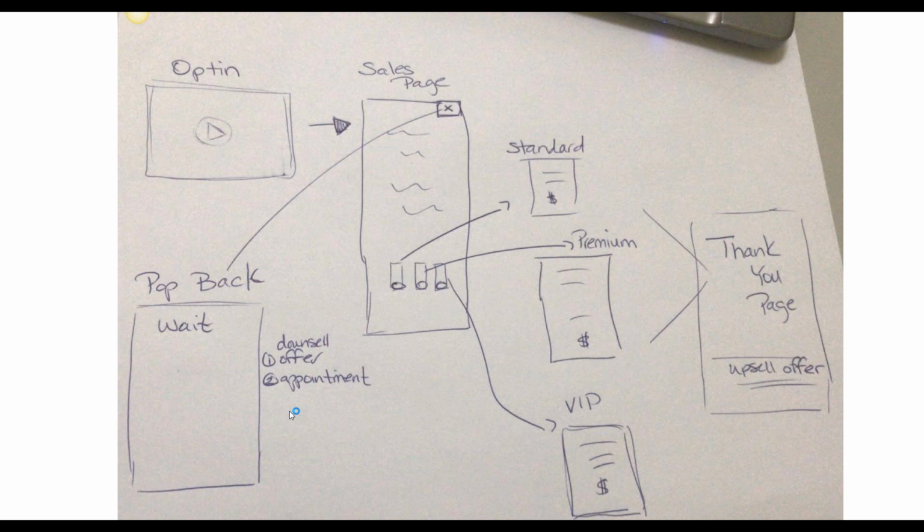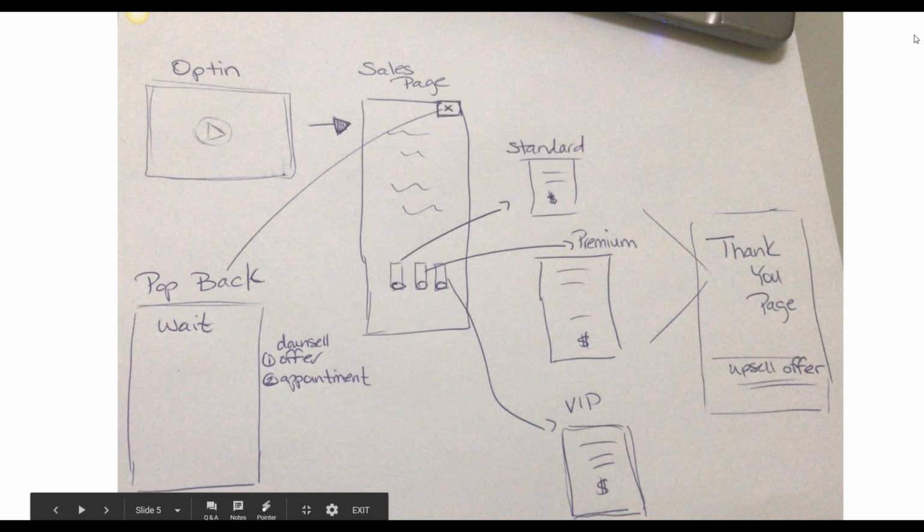So you set it up, and then you create a pop-back page. You can ask your web guy if you don't know how to do it. On that pop-back page, it has a button that says, not sure if you want it, want to talk to somebody first, click here to set up an appointment.